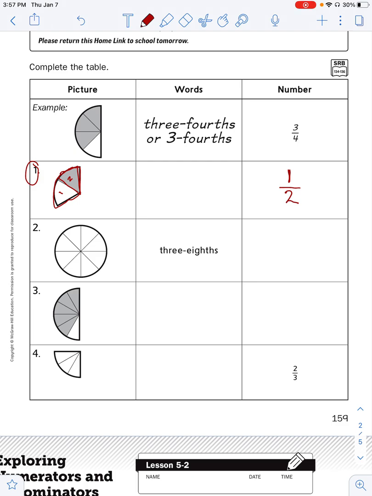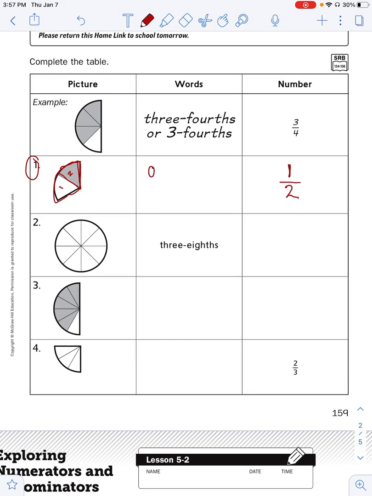And if I wanted to write it out in words, I would say one half. Or it looks like you can also put one half like that. That would be acceptable.